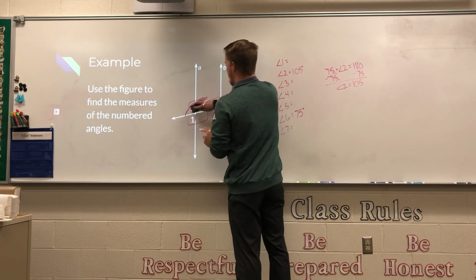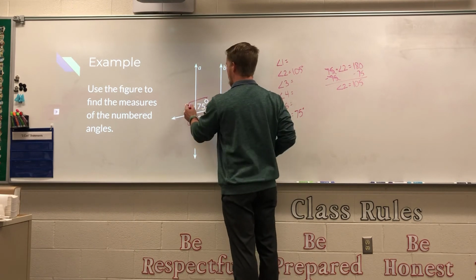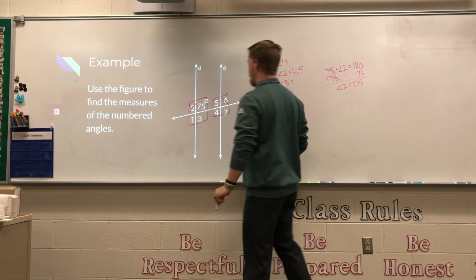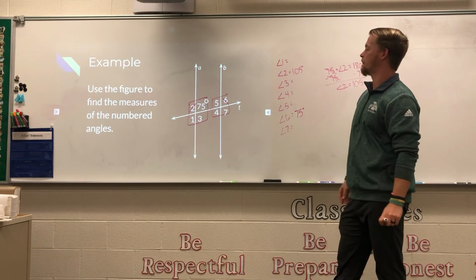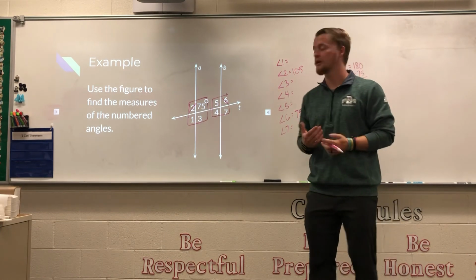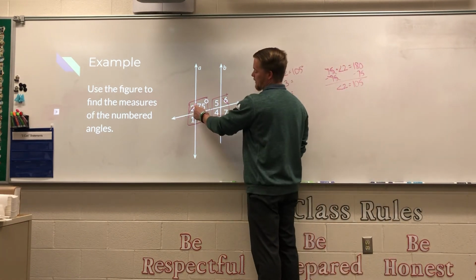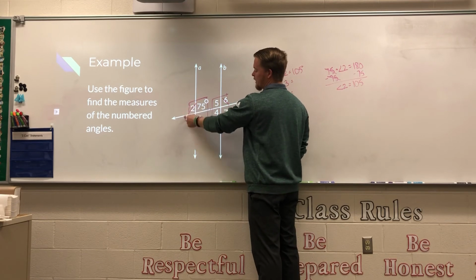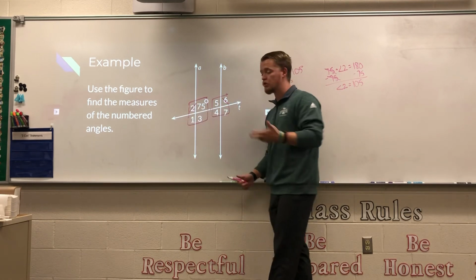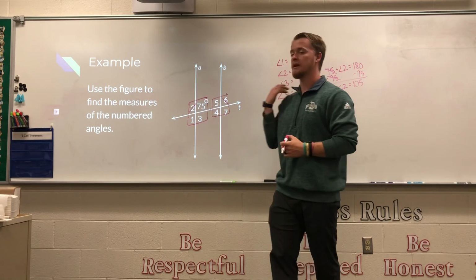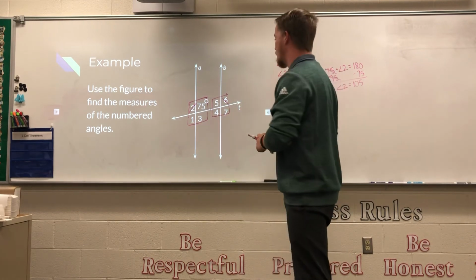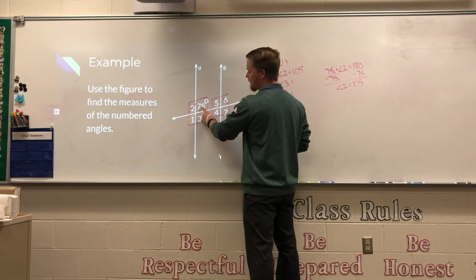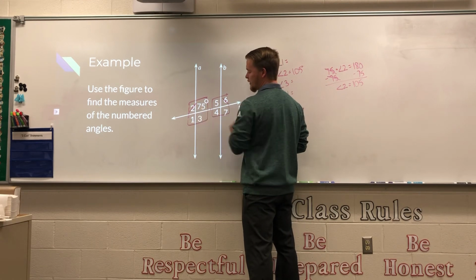So let me erase that real quick. So I'll mark out angle 2. You can continue to do supplementary angles because technically angle 2 and angle 1 also are on a straight line. So you can use supplementary angles there. Or you can use the vertical angles that I mentioned before, where 75 and 1 are straight across from each other.